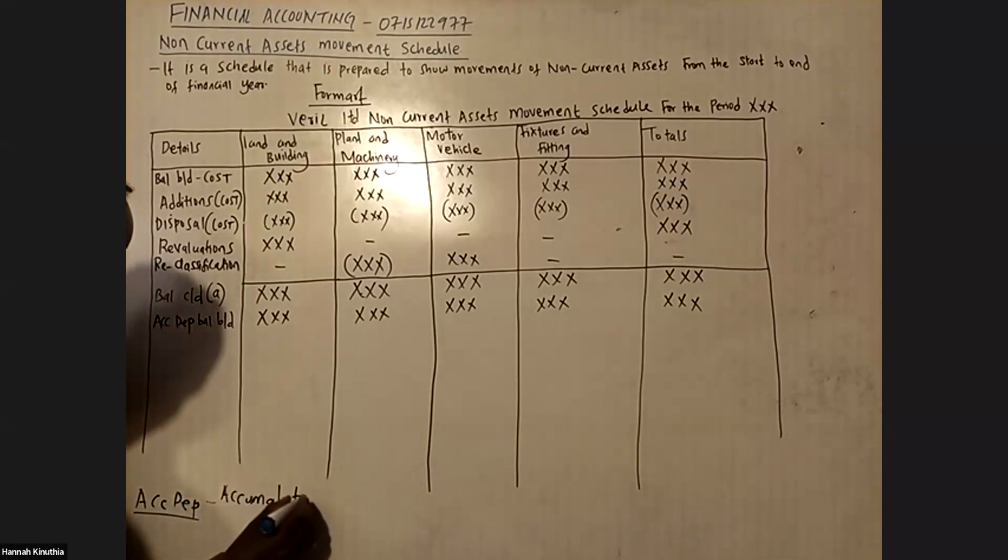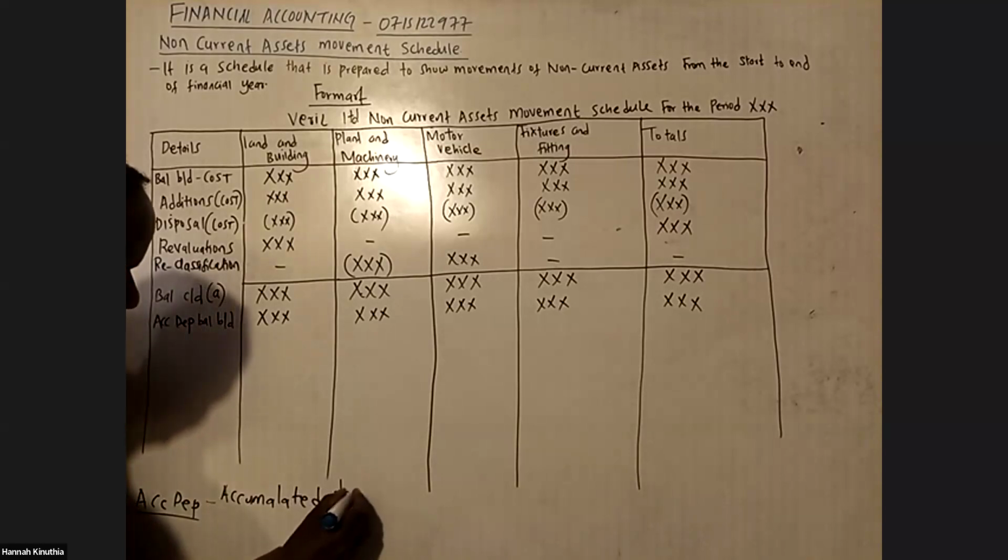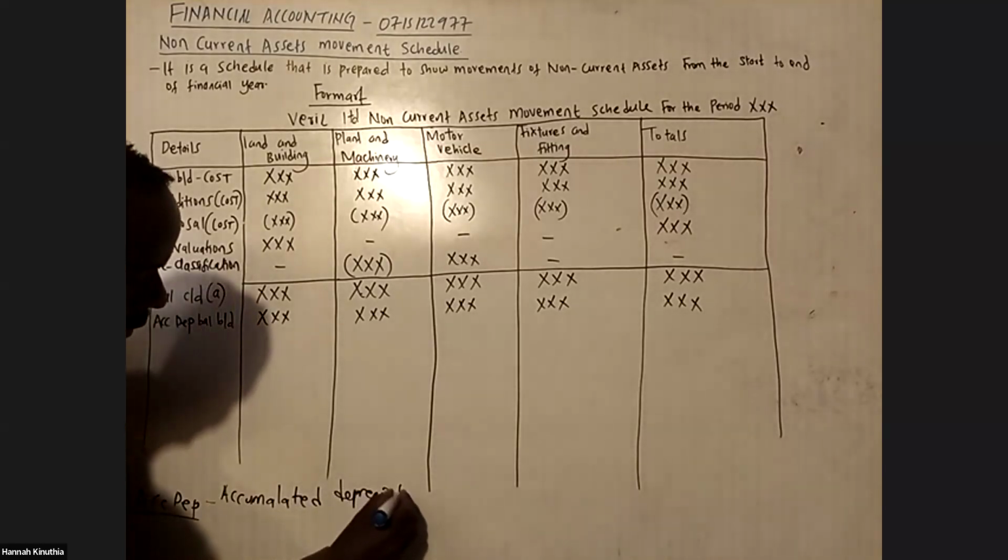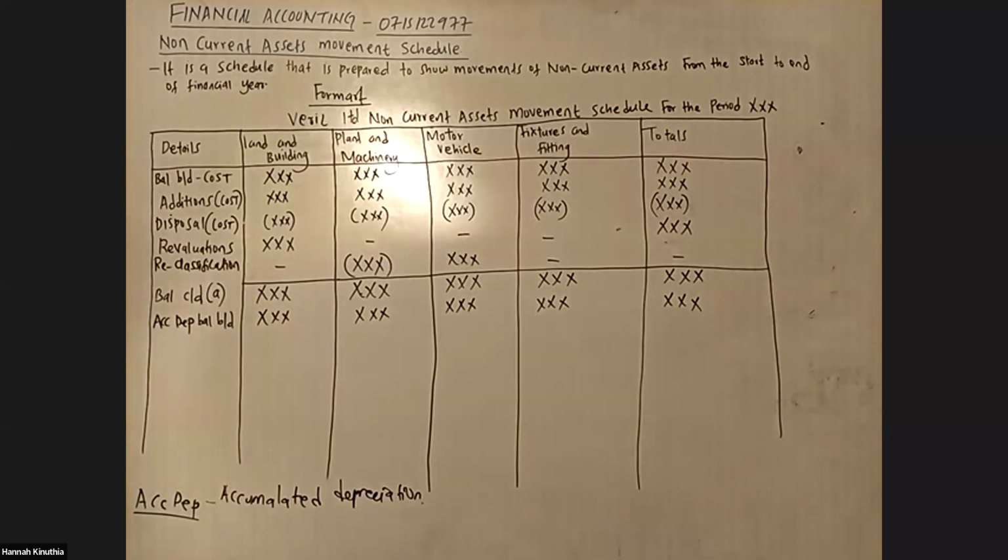That one means accumulated depreciation. Now, once we have managed to put the accumulated depreciation down, we can add other things.